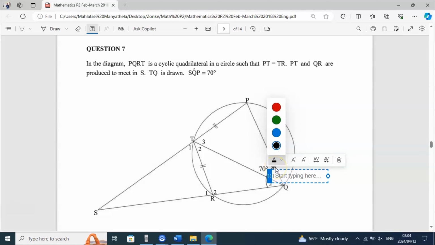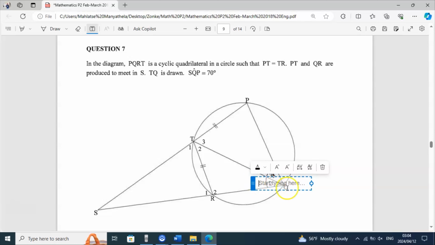This angle will be equal to 35. Then we have 35 this side as well.